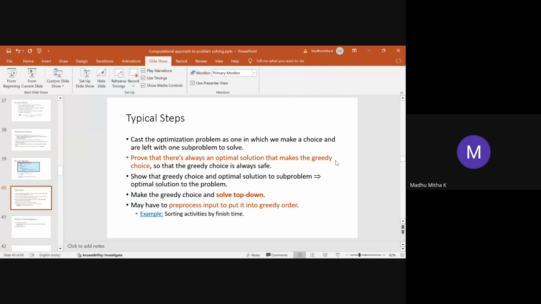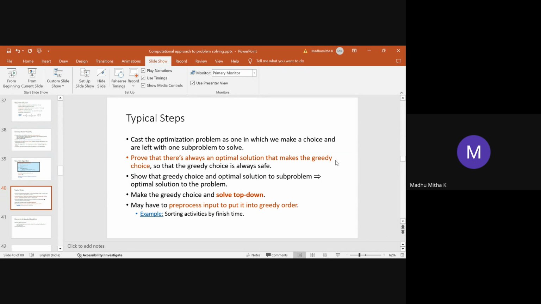So you have to cast all the optimization problems as one in which we can make a choice and be left with one subproblem to solve. There is always an optimal solution that has to be taken, and you make the greedy choice safe always. Show that the greedy choice combined with an optimal solution to the subproblem is an optimal solution to the problem.